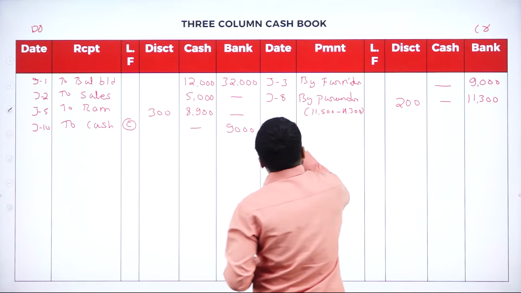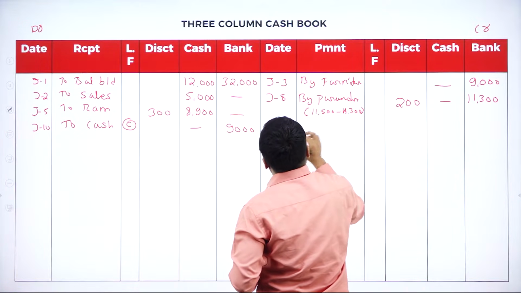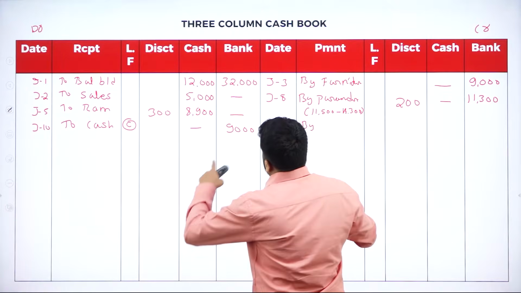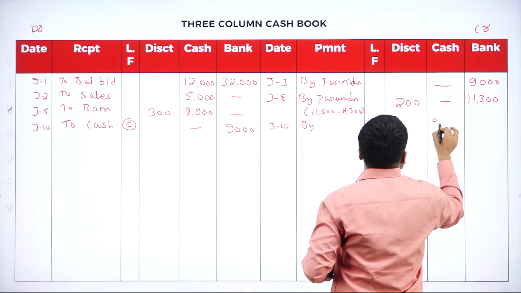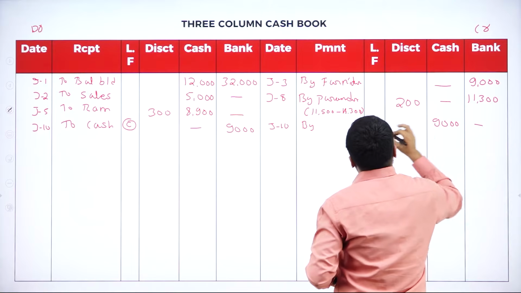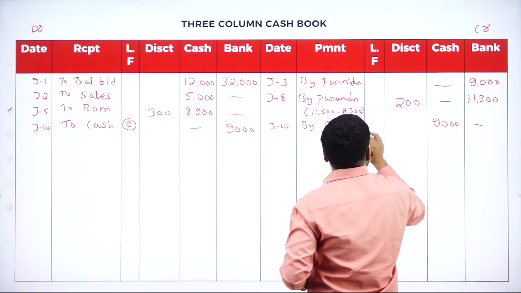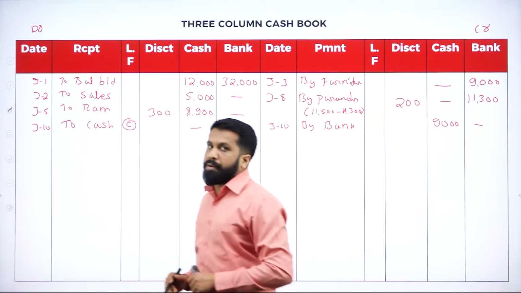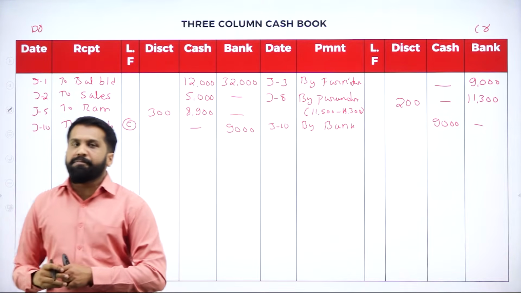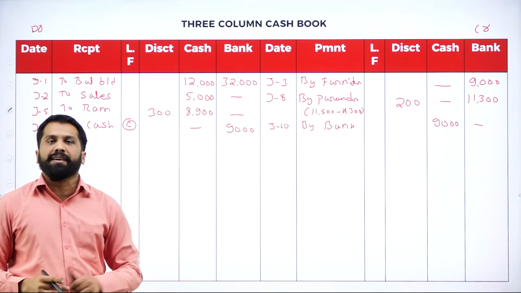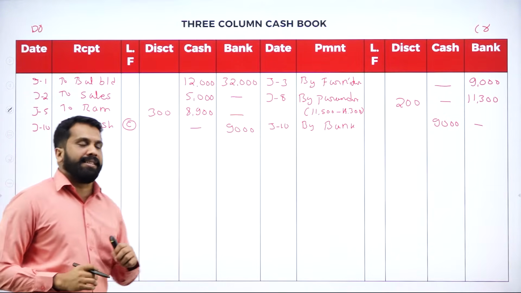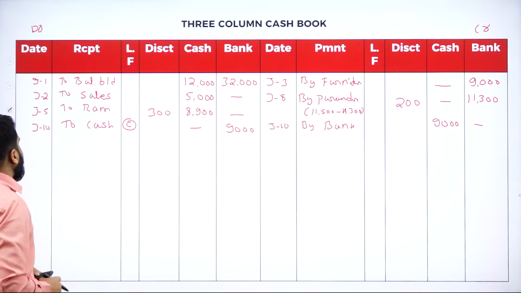Similarly, on the same date, you should write January 10th, by, 9,000 in the cash column. In this, by bank. So this is all about your contra. If you find the word contra, you should write like this. Now, this is done. What is next?